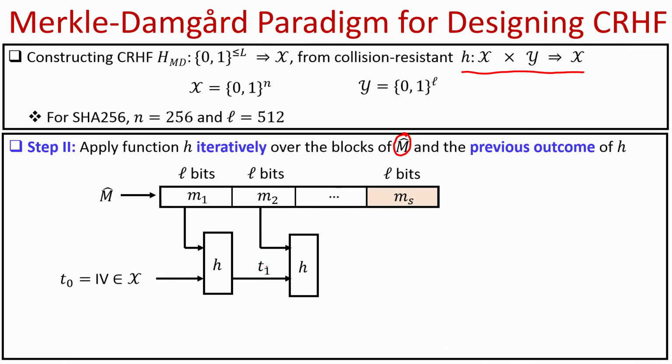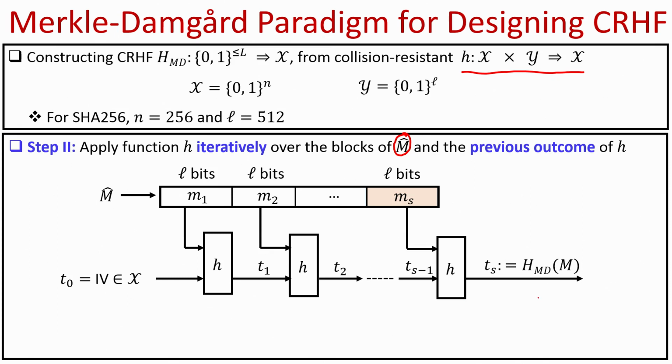The output that comes out of the first invocation of the h function is denoted by T1, and it will be of size n bits. We take the next chunk of l bits from the encoded input and apply the next invocation of the h function, and the output is denoted as T2, which will again be of size little n bits. We continue like that till we are done with the last invocation of the h function, which operates over the last block of the encoded input of size little l bits and the outcome of the previous invocation of the h function.